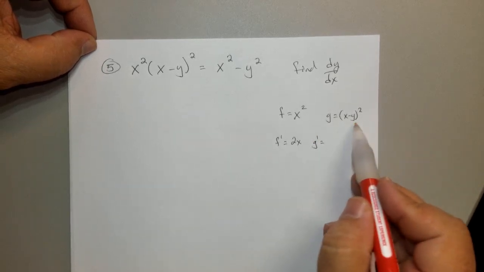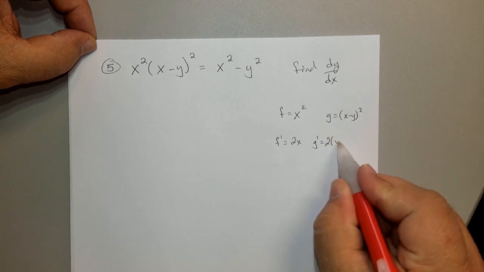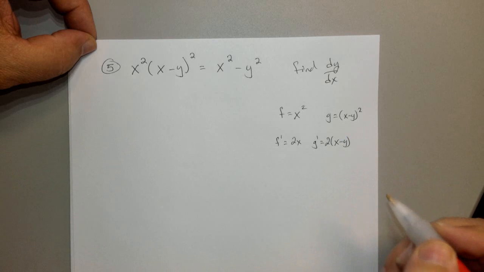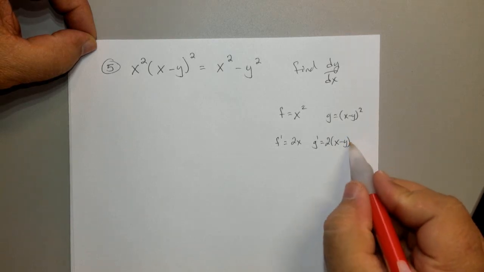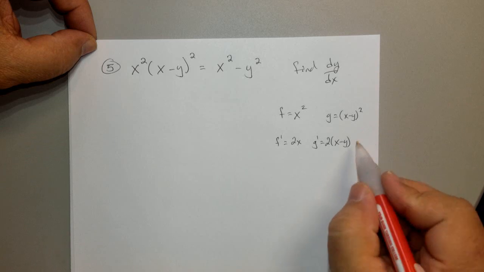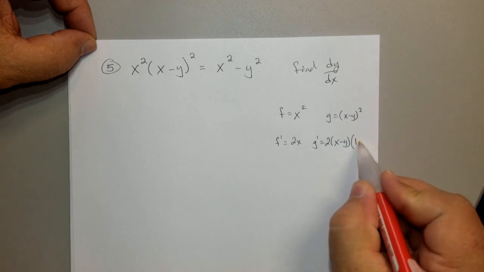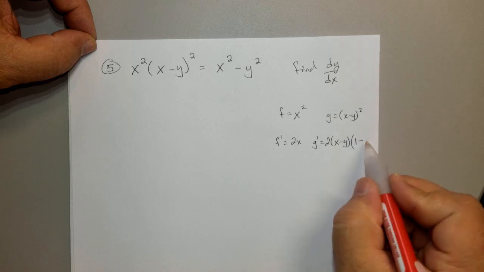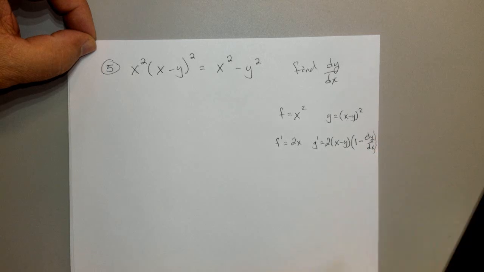How do you take a derivative of this one? We take the derivative of the outside, which is 2 times (x minus y), subtract 1 from the exponent, times the derivative of the inside. Derivative of x is 1 minus the derivative of y, dy dx.